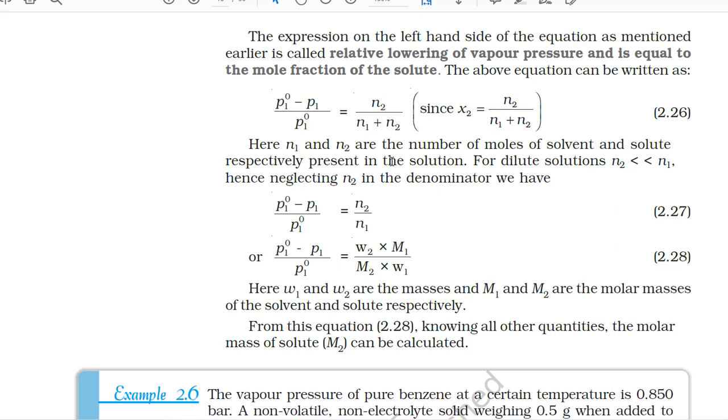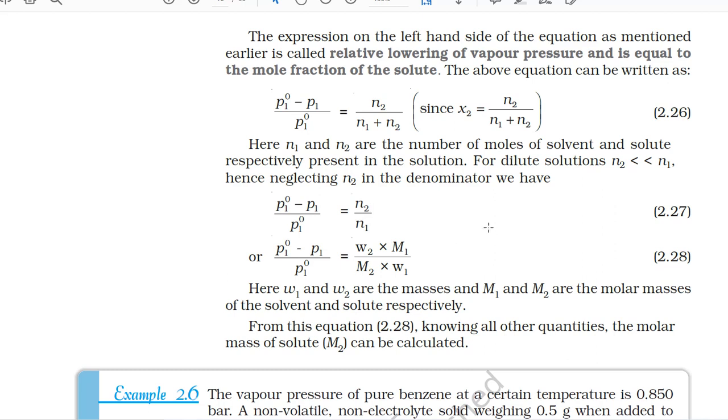Here n1 and n2 are the number of moles of solvent and solute respectively present in the solution. For dilute solutions, n2 is very less than n1. Hence, neglecting n2 in the denominator, we have (P01 − P1)/P01 = n2/n1.